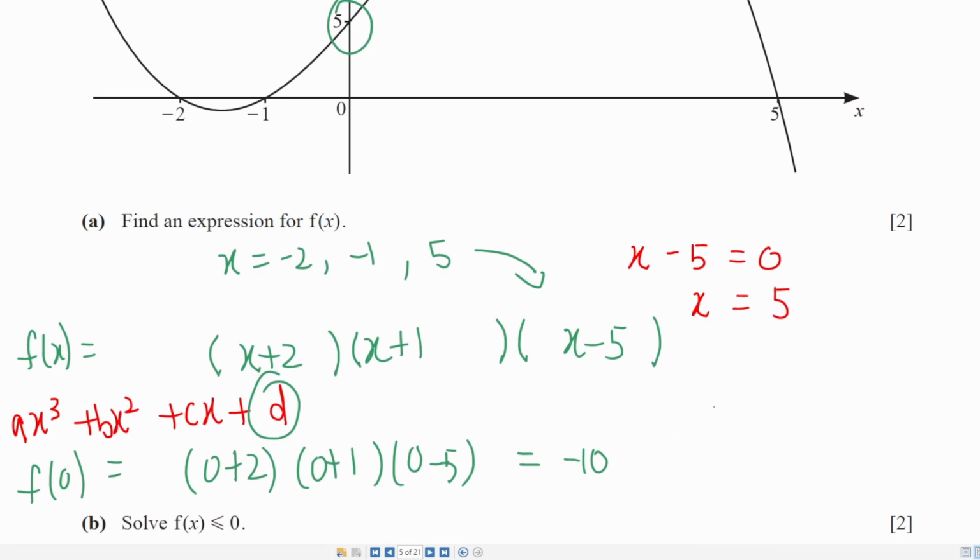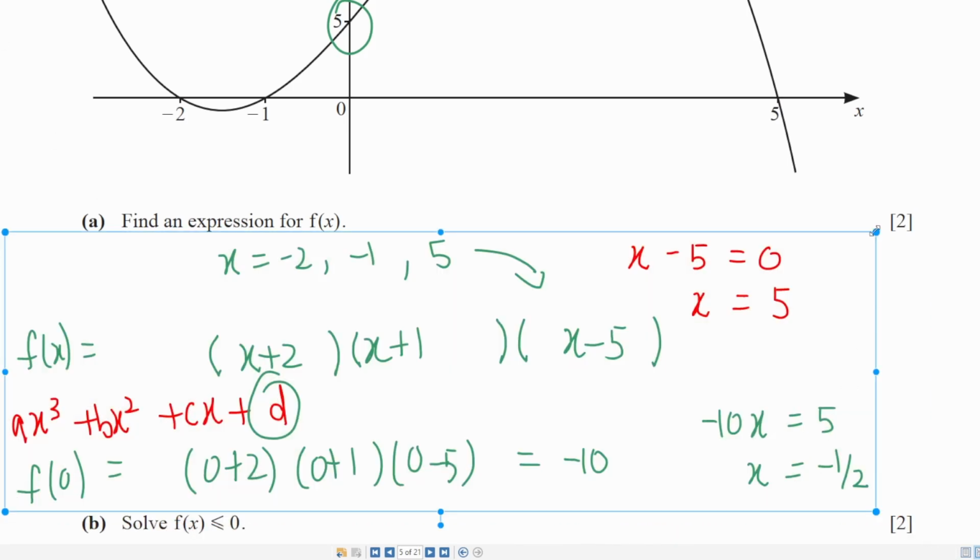So obviously negative 10 times something must give us 5, and if that's the case, our answer should be negative half, right? Because this value needs to multiply with something at the front in order to give us back our y-intercept of 5. Okay, so now that we know that our factor is negative half, what we can do is rewrite it like this.